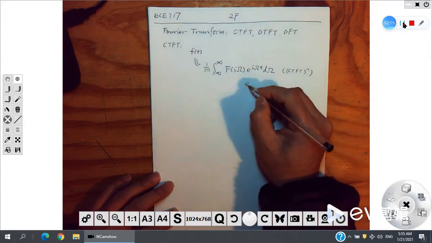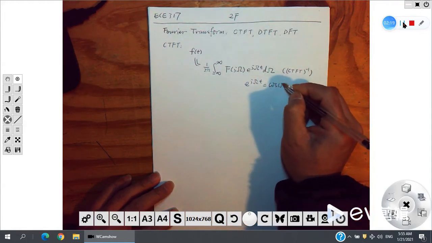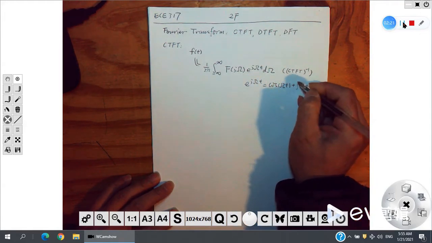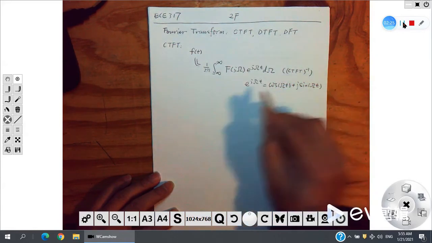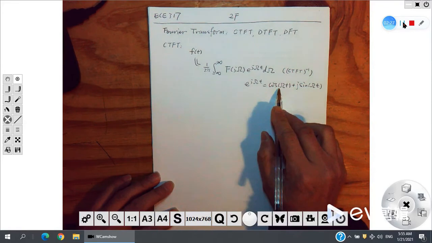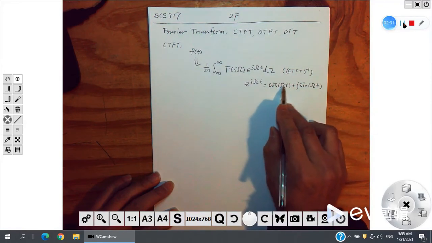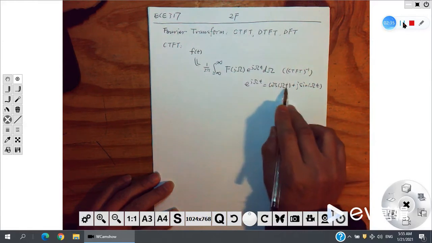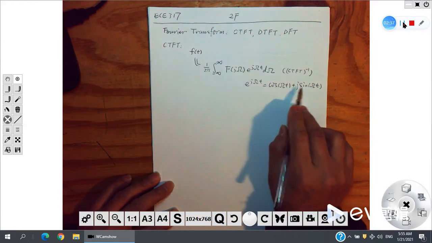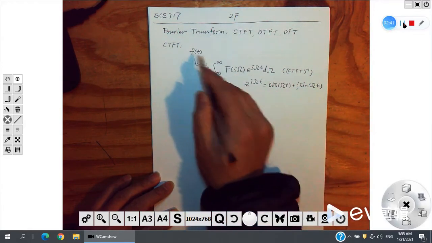E to the j omega t is cosine of omega t plus j sine of omega t. So this is a mixture of cosine and sine. Both have the same frequency omega, but cosine is in the real part, and sine is in the imaginary part. So we write f of t in terms of this.